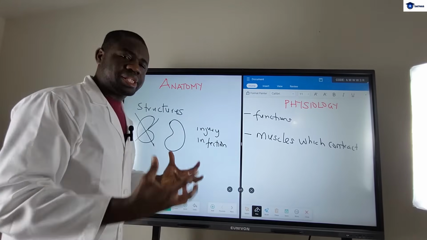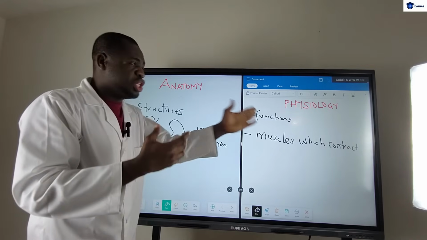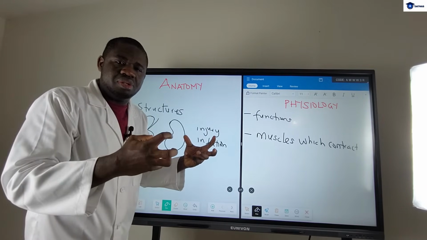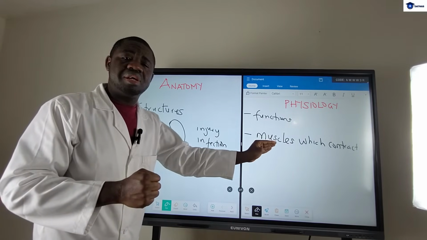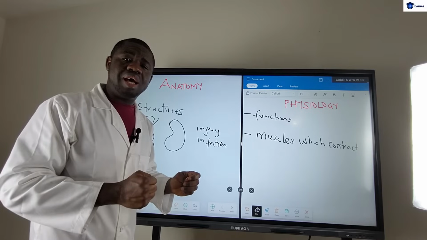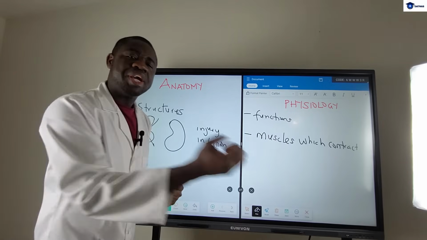When muscles contract, the contraction is the physiology, is the function. But now the muscles that are supposed to contract are not contracting because the owner is not making use of it.